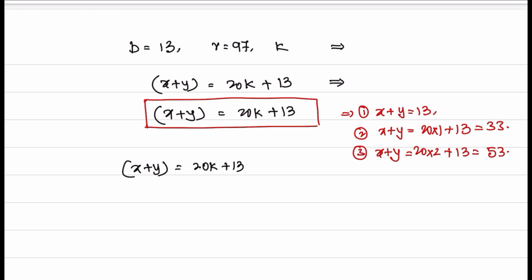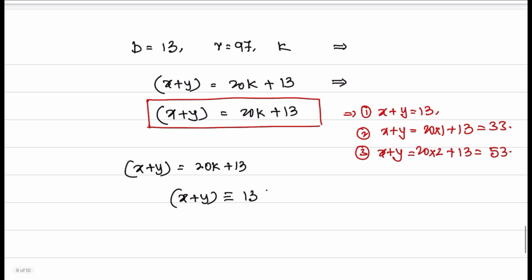or we can even write it in the form of mod as x plus y is equivalent to 13, the remainder, when divided by 20.